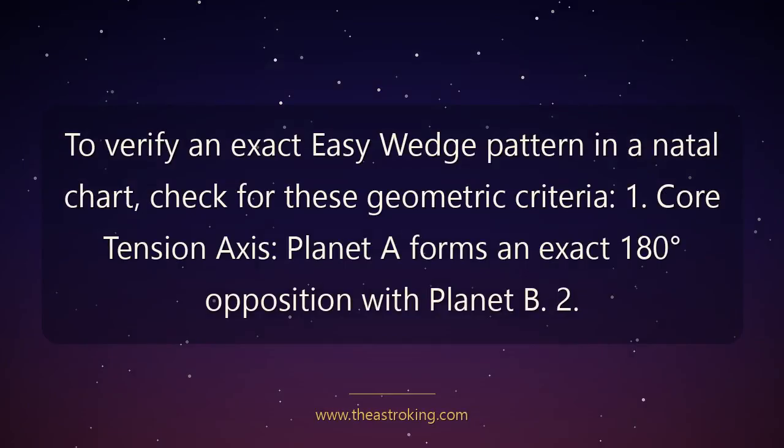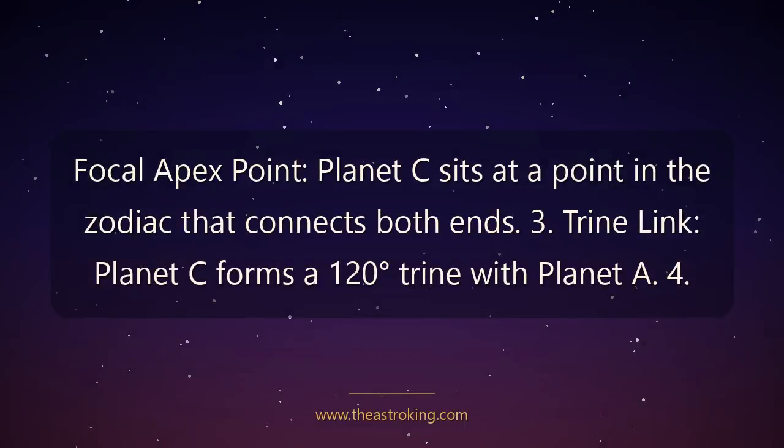Core structural breakdown. To verify an exact easy wedge pattern in a natal chart, check for these geometric criteria. 1. Core tension axis. Planet A forms an exact 180 degrees opposition with planet B. 2. Focal apex point. Planet C sits at a point in the zodiac that connects both ends. 3.